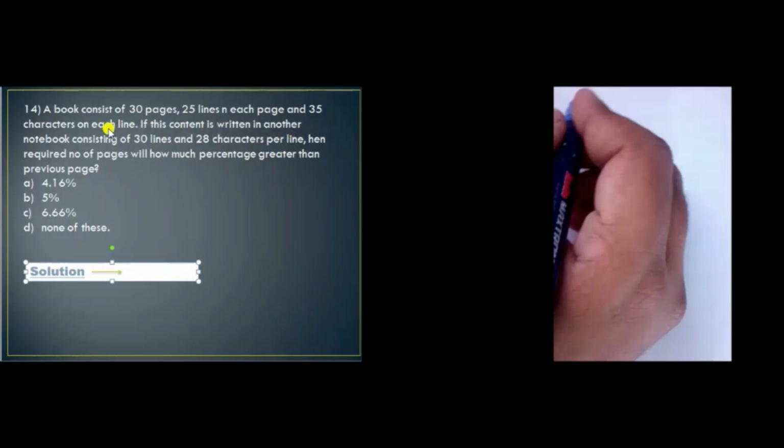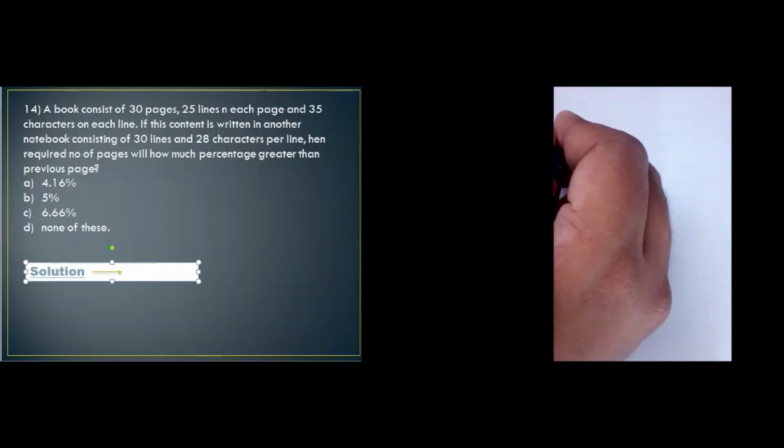First of all, we need to calculate the number of pages required in the second case, and then we will calculate the percentage change from the original number of pages, that is 30, to the new number of pages needed to write the same content in another notebook. So let's see the solution for this.